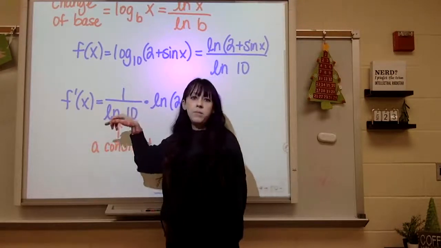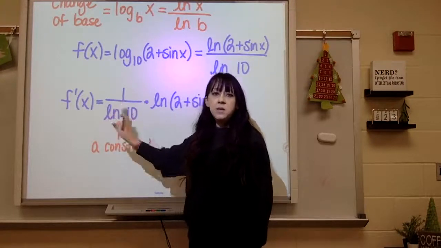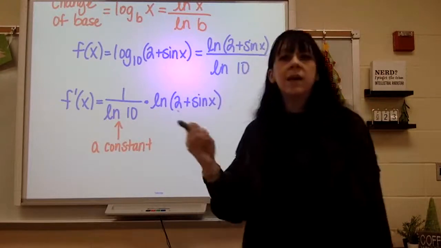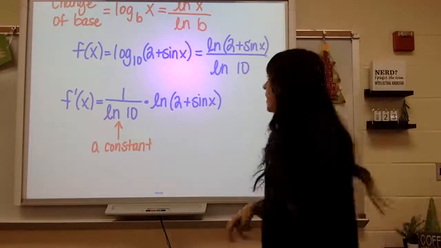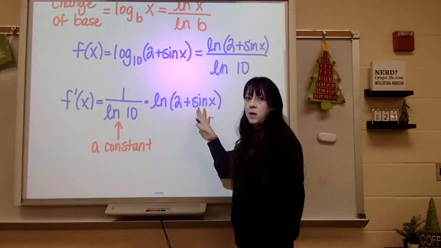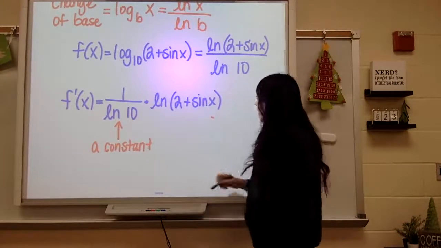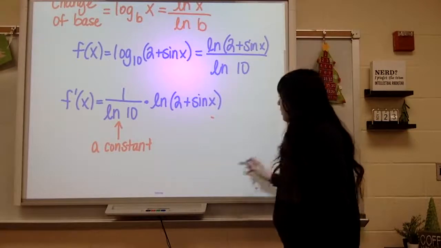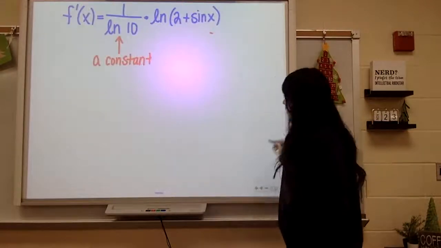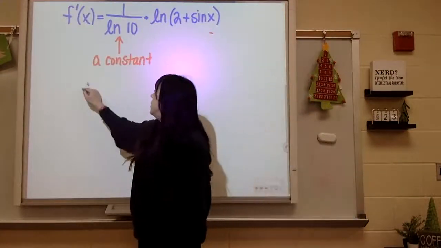It's just a number, okay? There's no letters in this, so I could treat it like a constant. And that means I can take the derivative over here and just multiply my derivative by that thing, okay? So that's what I'm going to do because I really would like to avoid quotient rule at all costs.